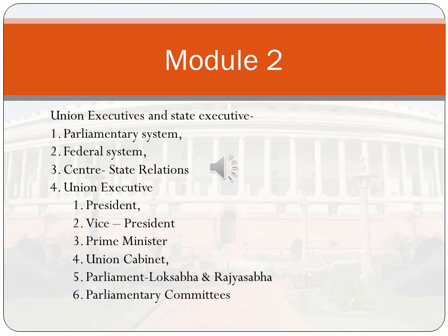The union executive offices like the office of the president, vice president, prime minister, union cabinet, the roles and responsibilities of parliament, that is Lok Sabha and the Rajya Sabha. What do we mean by parliamentary committees and how they are formed, and the various requirements for holding the office of the above mentioned officers will be covered in this module.